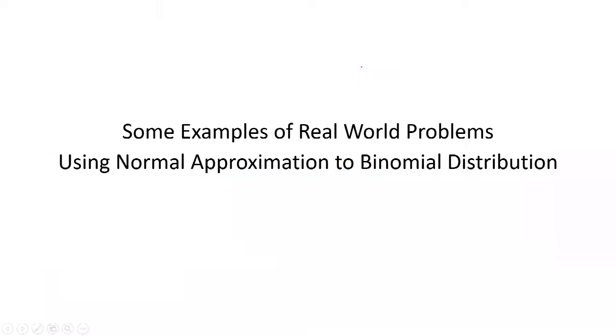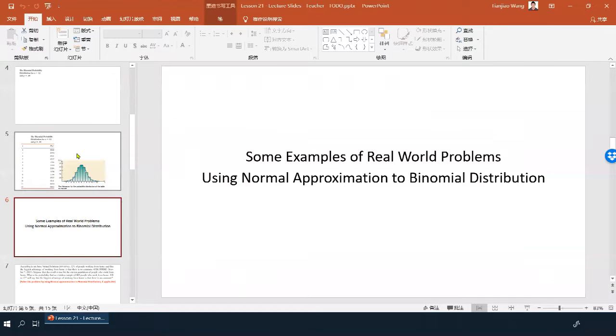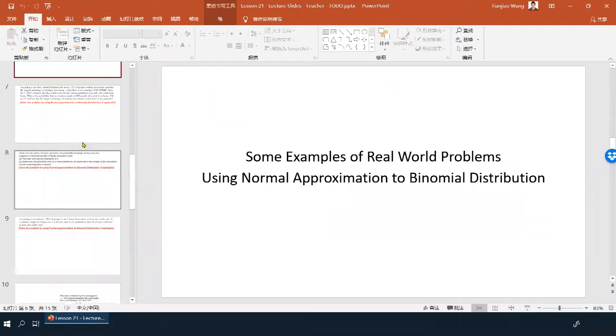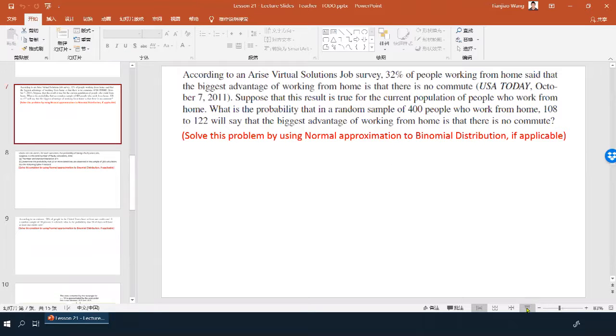Okay, let's see some examples of real world problems using normal approximation to the binomial distribution. I'll show you an example of how we can use such a conclusion to simplify our calculations.